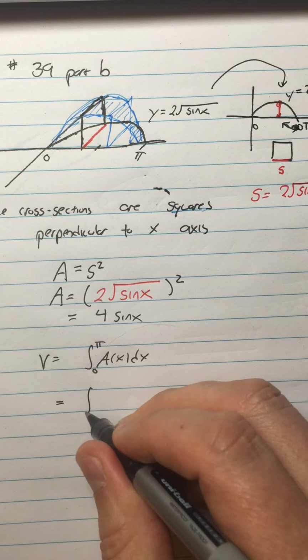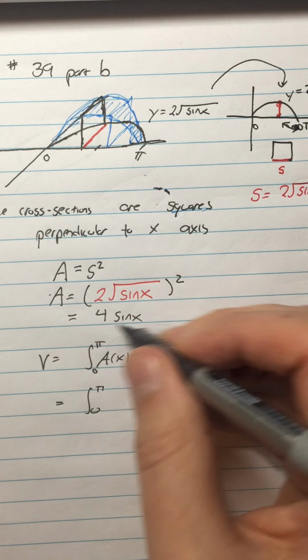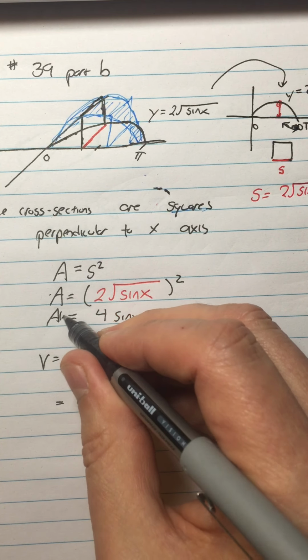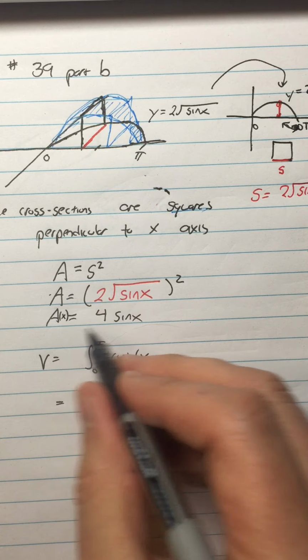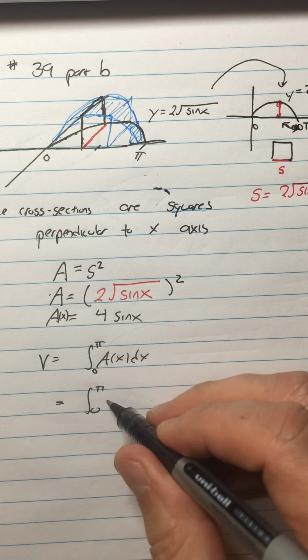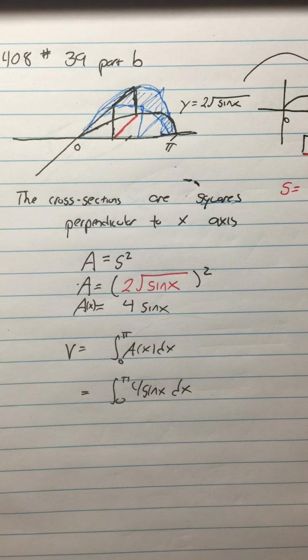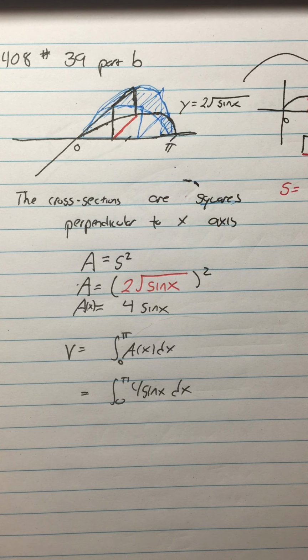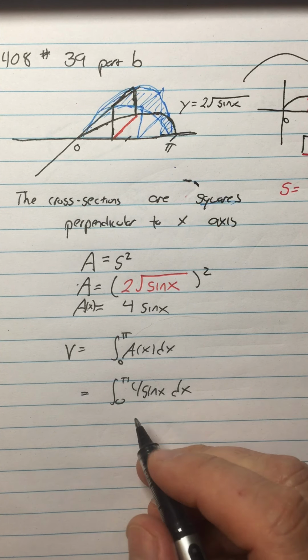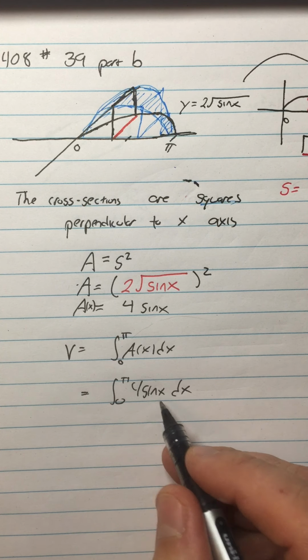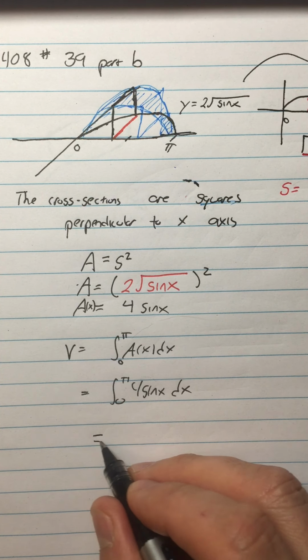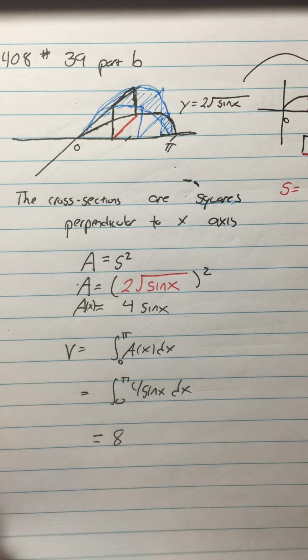So I have the integral from 0 to pi, and the area A of x, because the area depends on x, is 4 sine x dx, and that integral is easy. By the way, if you know the integral from 0 to pi of sine x is 2, look how easy it is to say this is 8. Okay, so now let's do number 42.